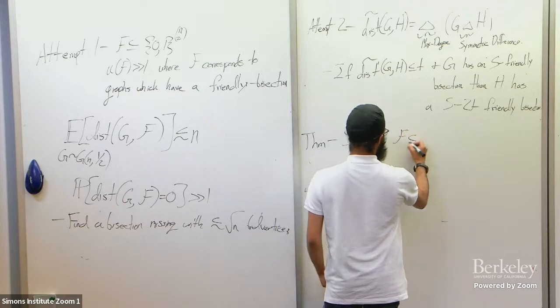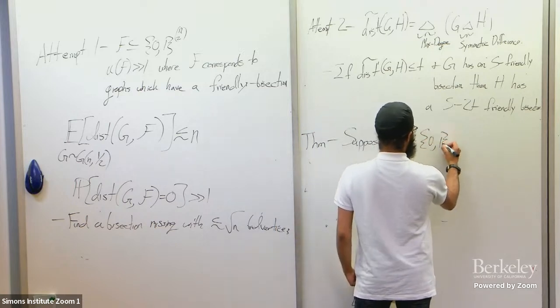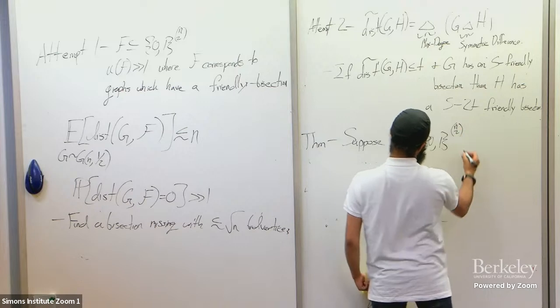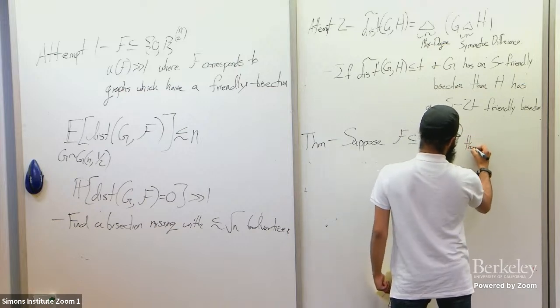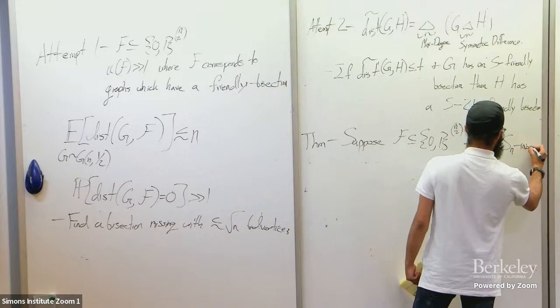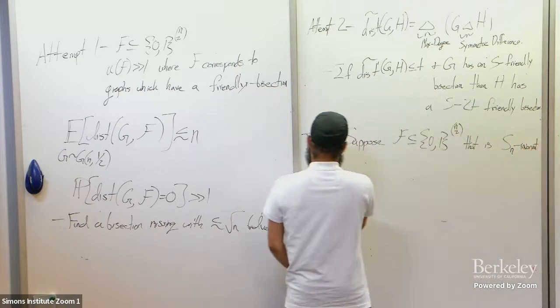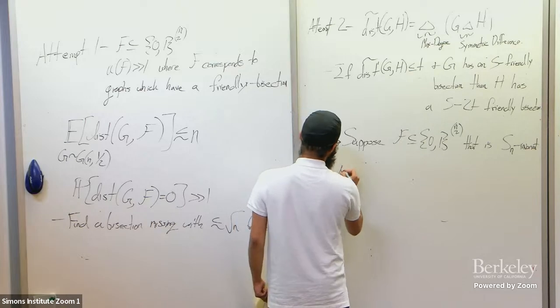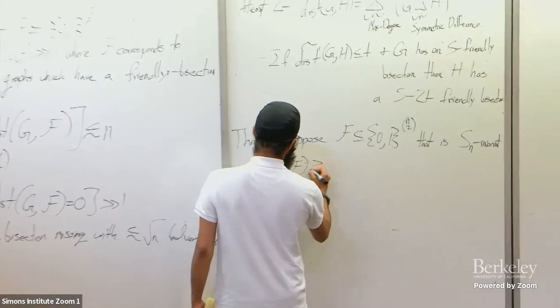Suppose you have F, which is a subset of {0,1}^(n choose 2), that is S_n invariant, and the measure of F is bigger than epsilon.